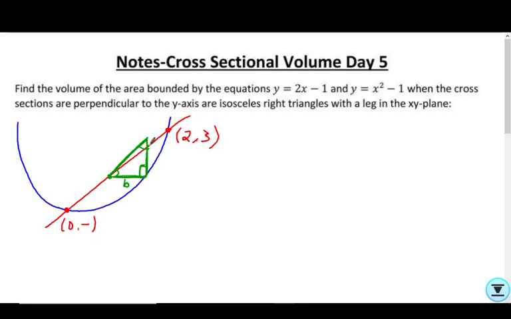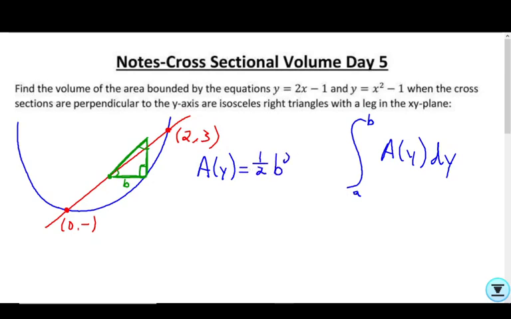Now, as soon as I see that my cross section is perpendicular to the y-axis, I know I'm using this equation: from a to b, A(y) dy. And my area equation, A(y), since it's isosceles, is going to be 1/2 b squared. So that's the area in terms of the base.